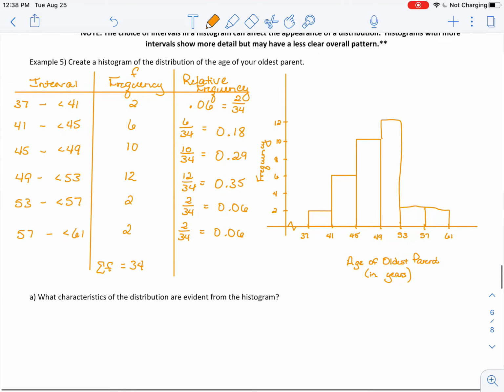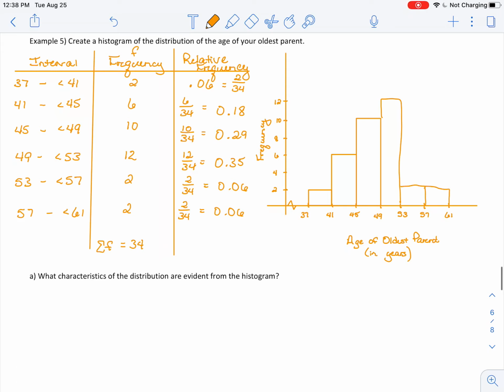You round up. So once we have another data display, we can answer the question about the characteristics that are evident from this distribution, from this histogram. So we can tell the center, the shape, the spread, and any unusual features. So I'm going to start with the center. I'm looking for essentially the balance point, and I would say it's probably, I don't know, somewhere around here-ish. Again, if you say it's about this age, then you're kind of hedging your bets at the fact that you don't mean it's precisely this.